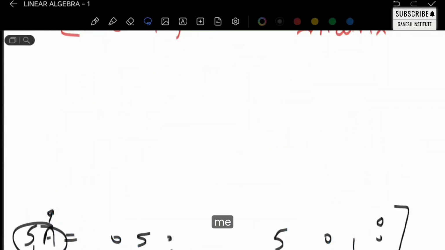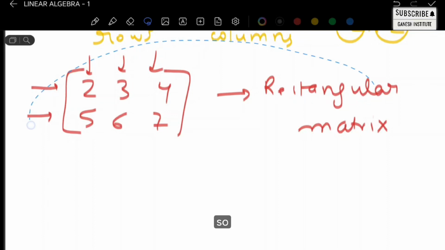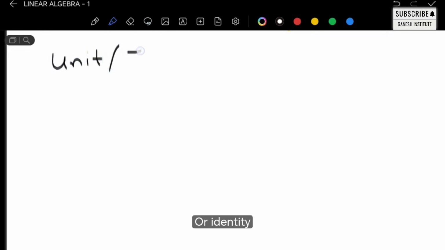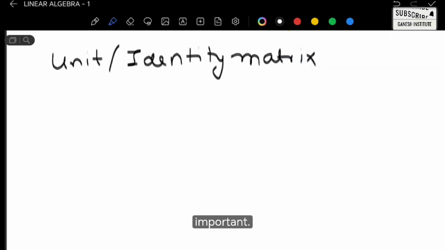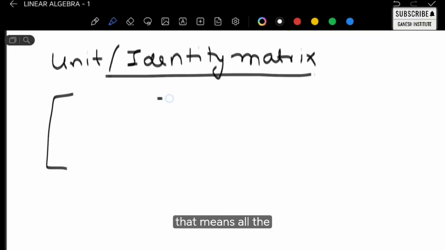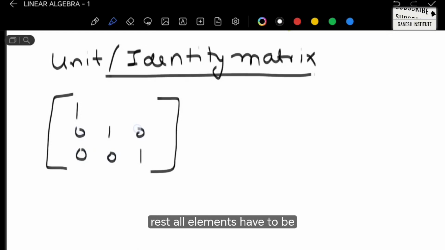Okay. Now what have we got? The next type of matrix is unit or identity matrix. Very, very important. So when we say identity matrix, that means all the diagonal elements have to be 1 and rest all elements have to be 0.